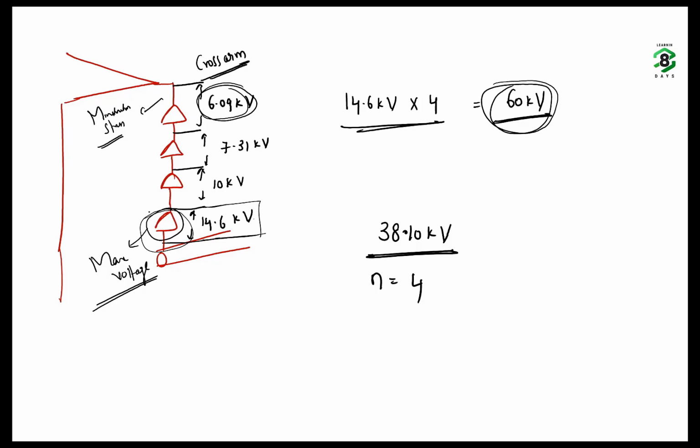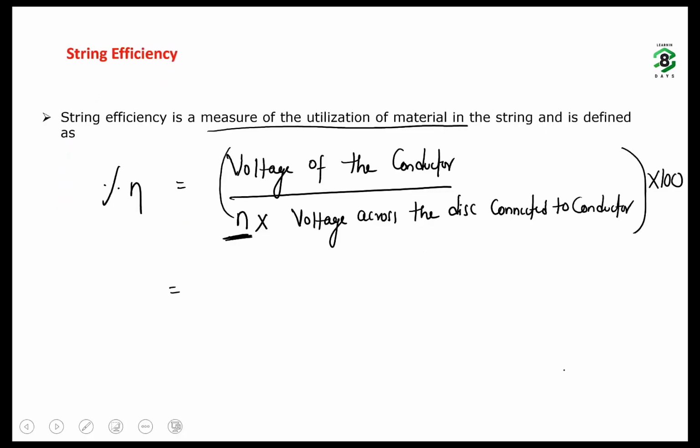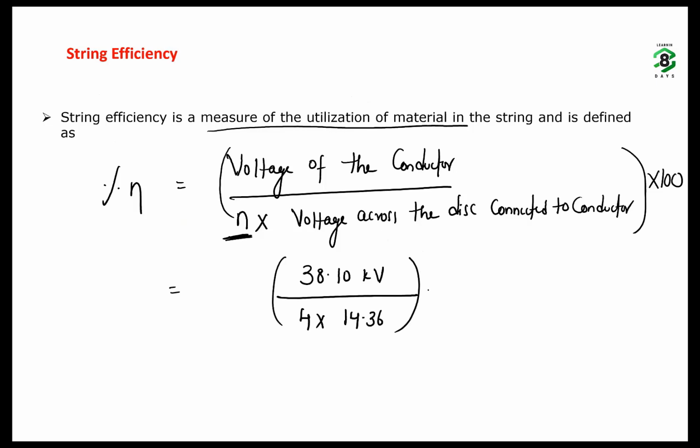This is the disc that is connected to the conductor, whose voltage is 14.6 kV. So if you calculate this string efficiency, in this case you are going to get 38.10 kV divided by 4 into 14.36 into 100. This is your string efficiency.